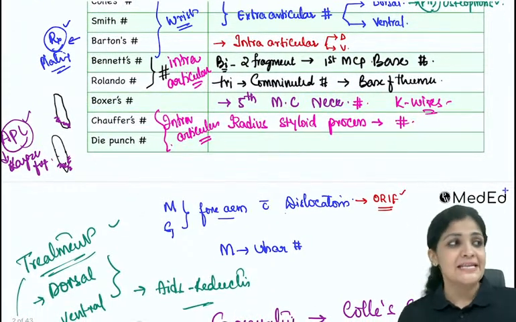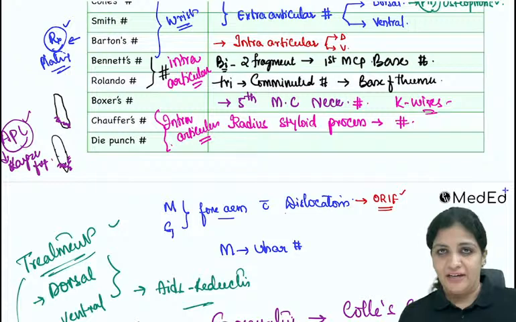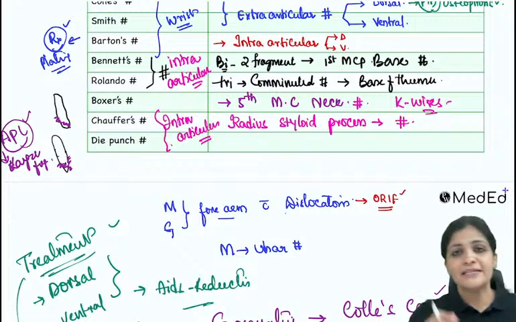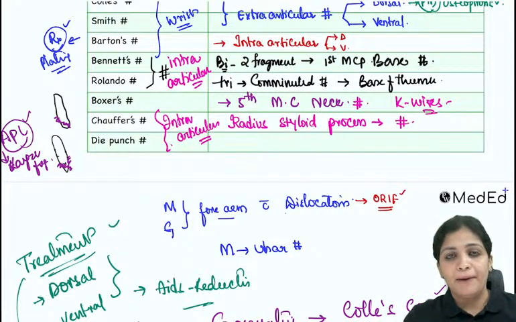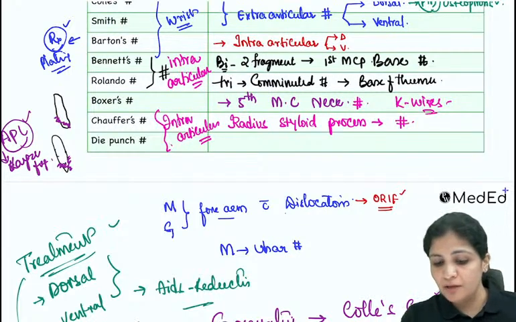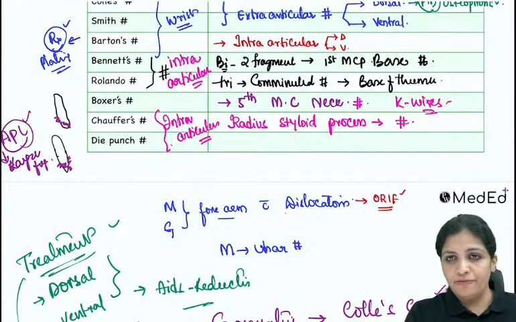The first fracture is the radius styloid fracture, an isolated radius styloid. The radius styloid is also a part where it enters into the joint. So be very clear that this is an isolated radius styloid fracture, right?